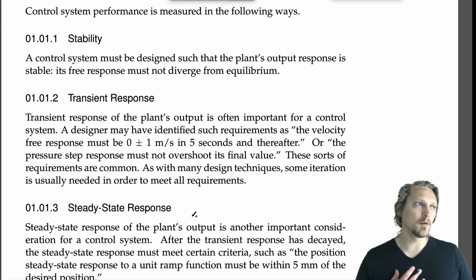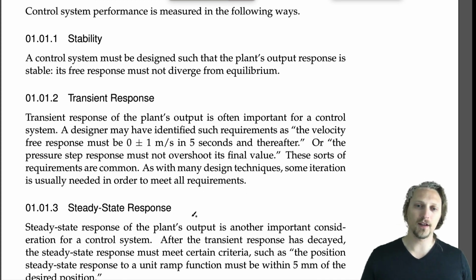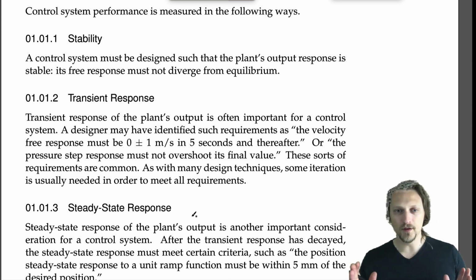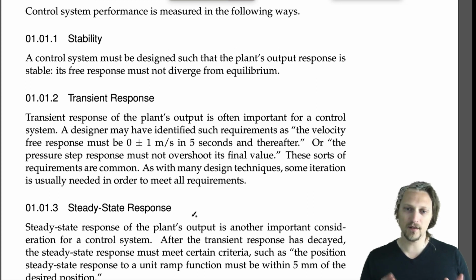We want to maybe move something from this location to that location. And you can do that in 2 seconds or 2,000 seconds. You could do that in a way that overshoots the position that you are going to and oscillates about it.